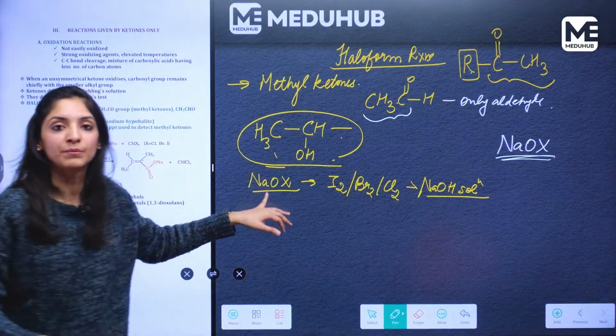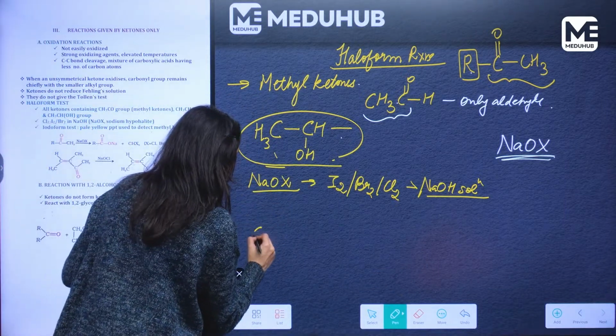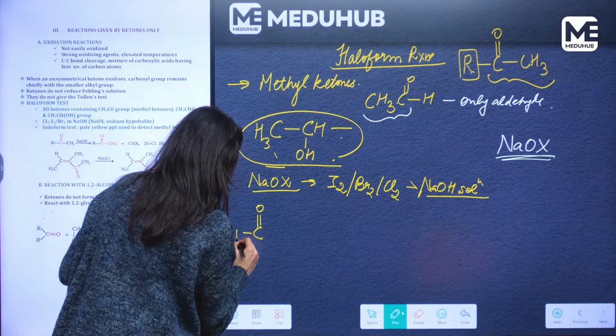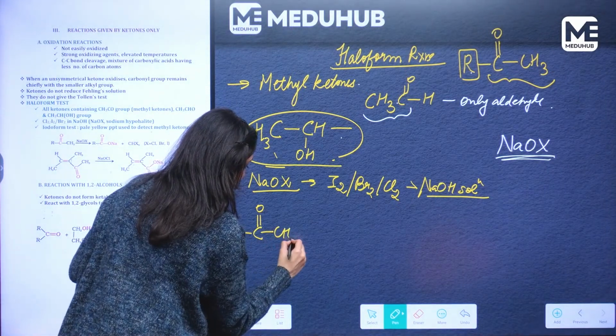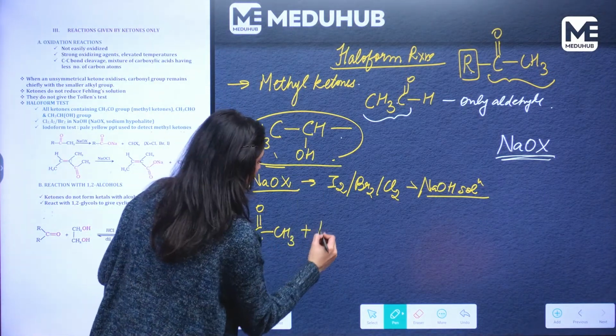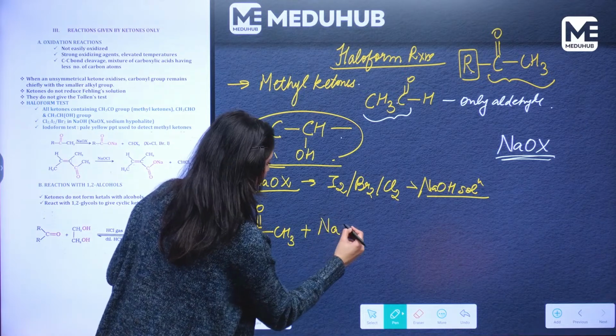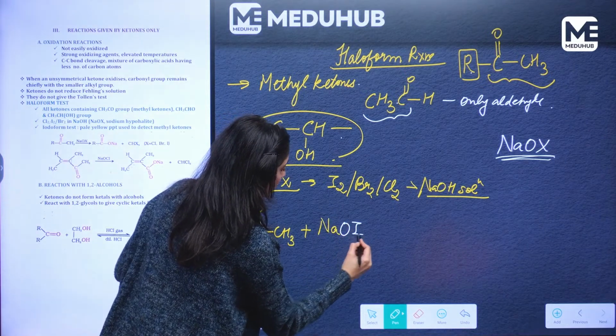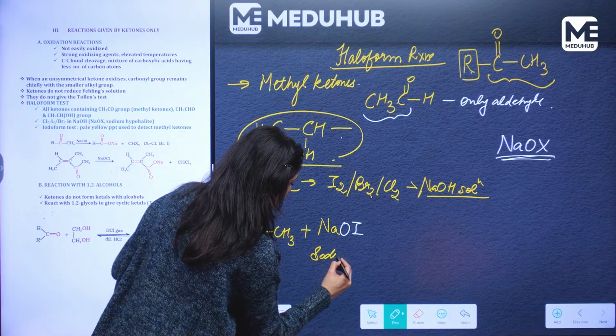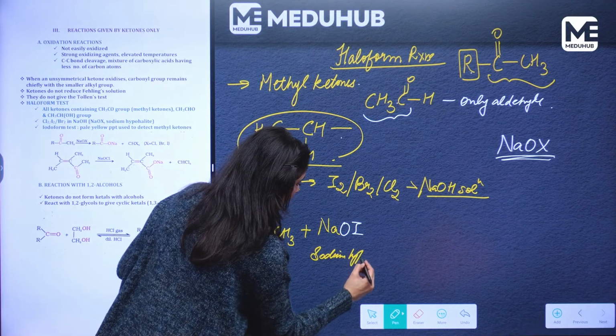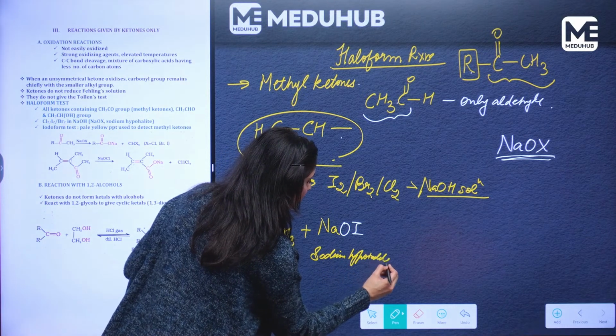This gives sodium hypohalite. So if we have a methyl ketone, this, let's say, reacts with sodium hypoiodite NaOI. Hypoiodite.